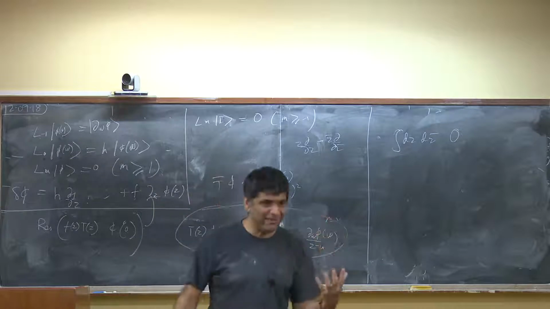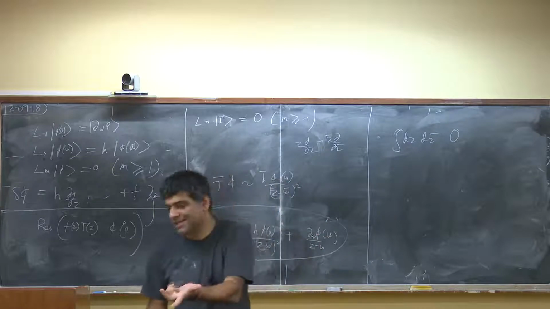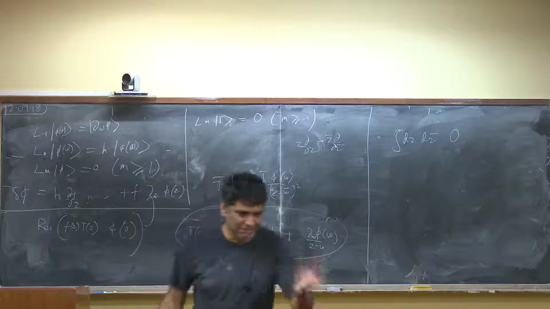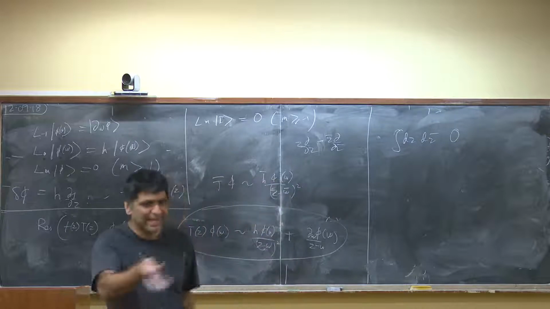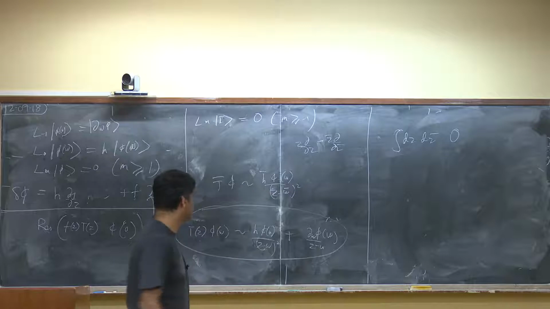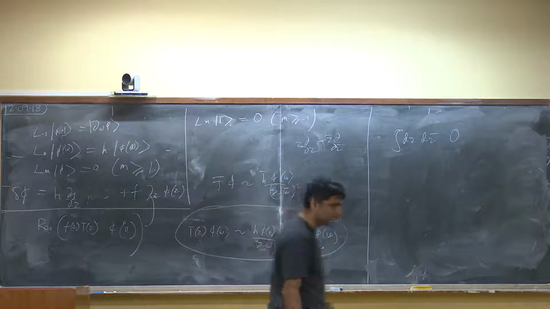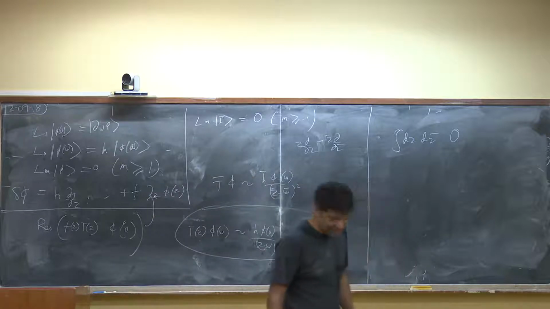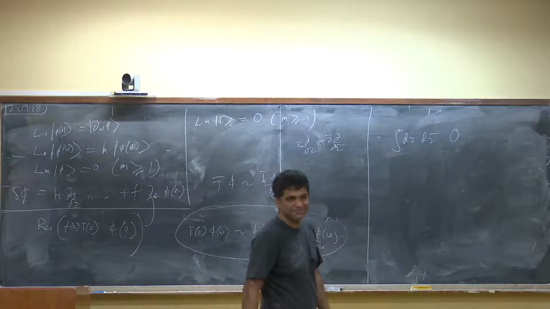So naively what you want is a 1, 1 operator as the Lagrangian density to make something conformally invariant. How you make that is up to you. 1, 1 means it is the primary operator with H equal to 1, H bar equal to 1.